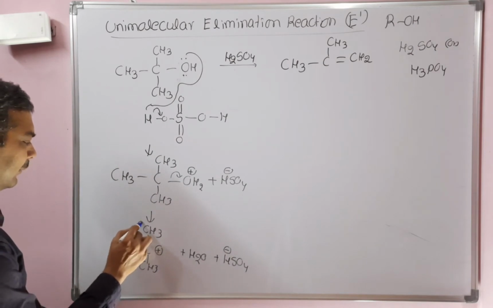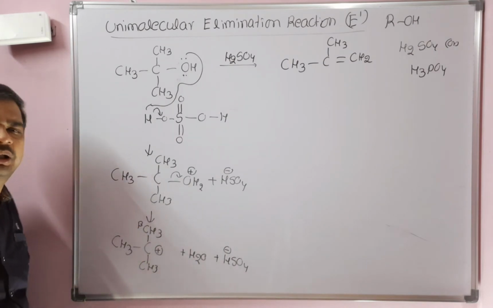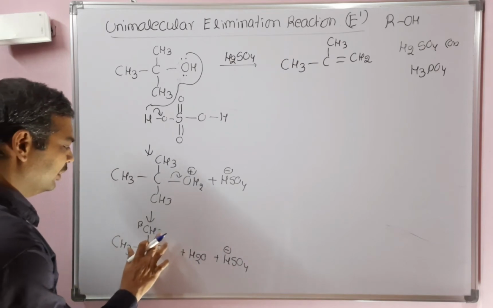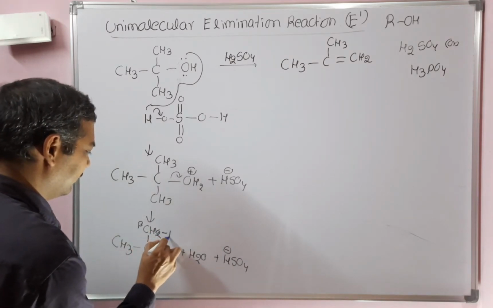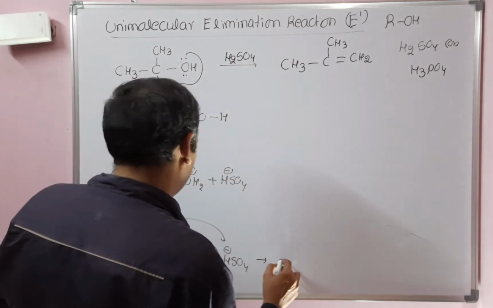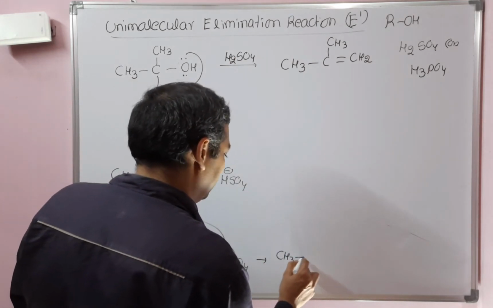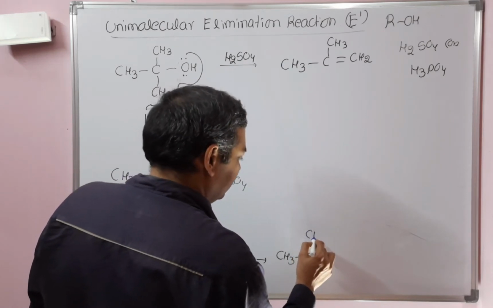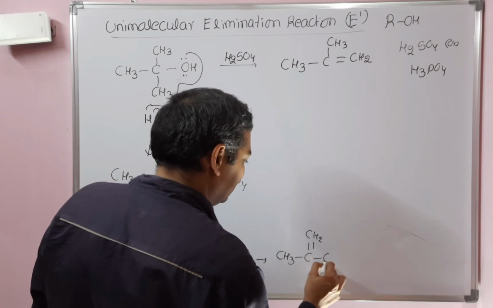Here there are 3 types of beta hydrogens, but all are in the same environment. Since all are the same, the base can abstract a proton from any of the beta carbons to give isobutene as the product, CH3, CH2 and CH3.